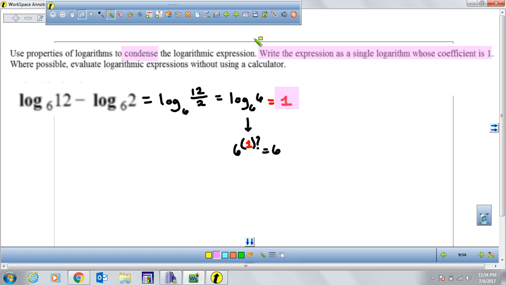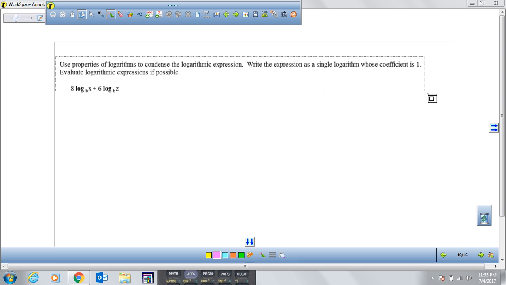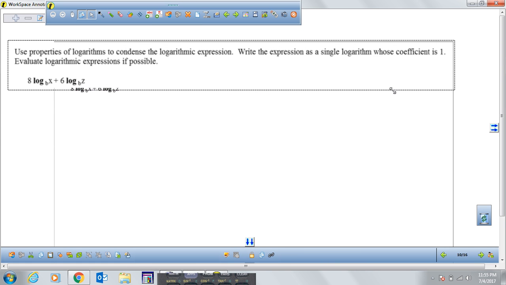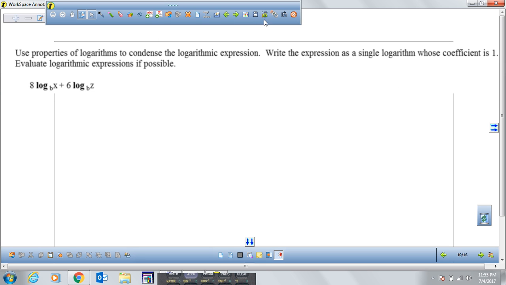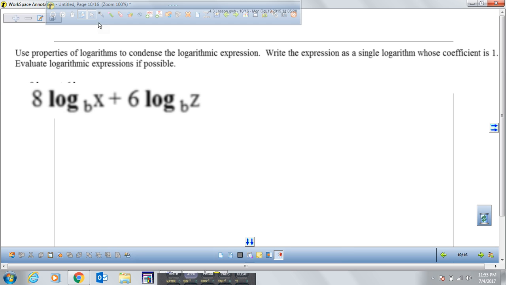Now, the next problem. Now we're going to condense this logarithmic expression. On this one, we have two things that need to be done. Number one, we have the coefficients in front of the logs.